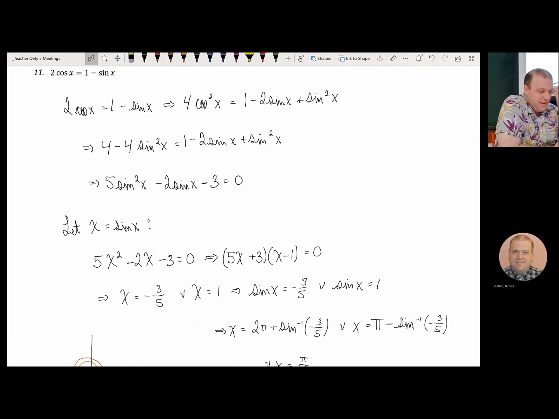So cosine will be negative because it's quadrant 3. Sine is negative because it's quadrant 3. That can't be right. You get negative equals 1 plus something. So you're saying negative is positive, which is not true. So that's not a solution.